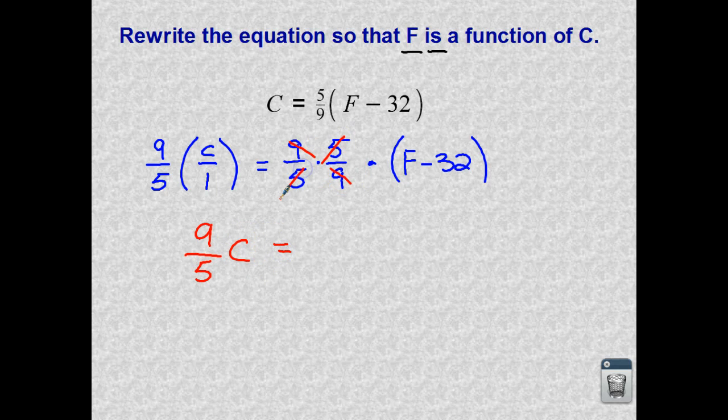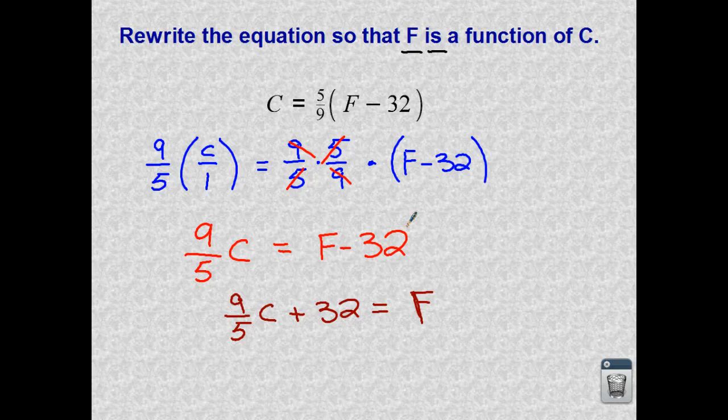These all cancel, and we have f minus 32. All right, we still need f to be isolated, and we have a negative 32 with it. So we need to add 32 to both sides. Now, I didn't show the work on adding 32 to the negative 32, but we've done that enough in class to know that we're still doing the inverse operations to isolate f.